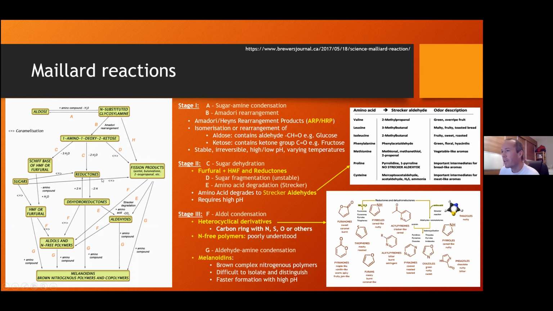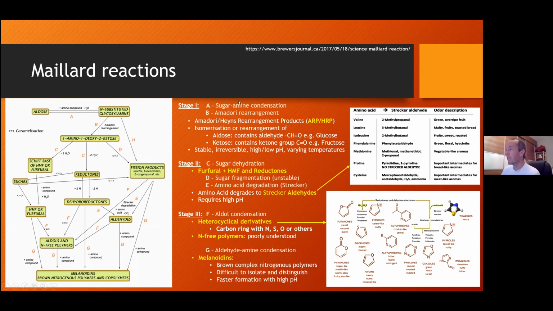Everywhere you see these minus amino compounds, plus amino compounds, this is really where you have Maillard reactions. Where you have little signs like this is actually caramelization of sugars breaking down. And the sugars break down into fission products and also reductones and dehydroreductones.